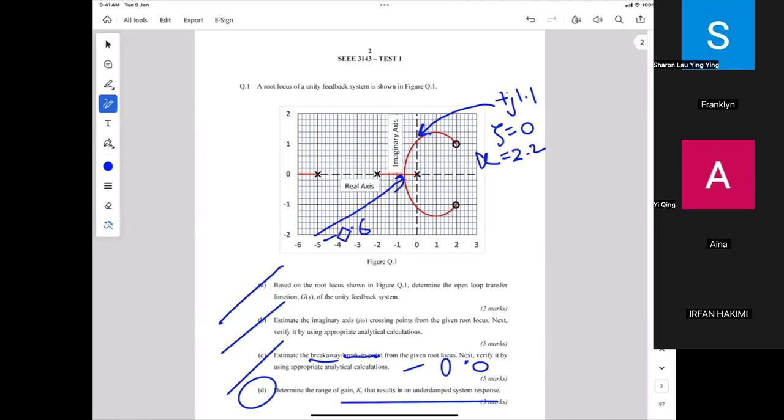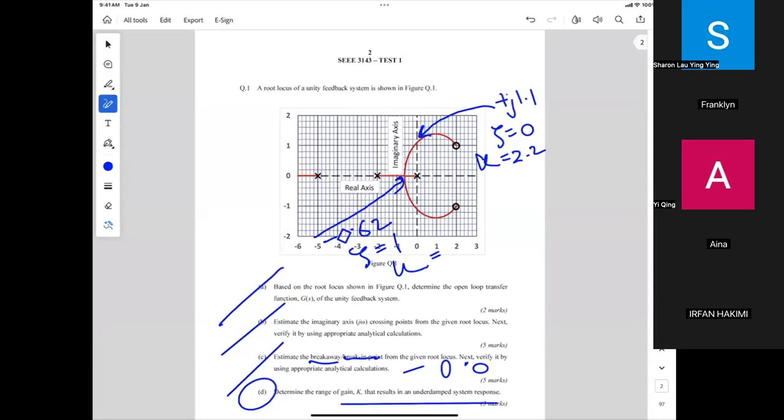0.48, the other one. 0.62. What is the K? There is a range of values of K. 0.48 to 2.2. No, the K over here at the breakaway point.